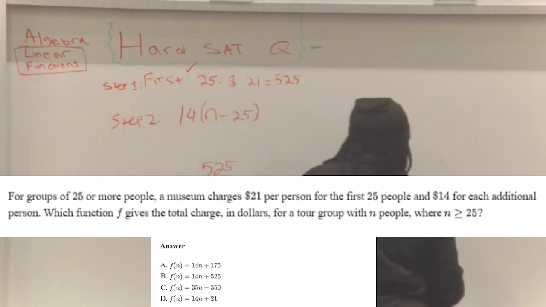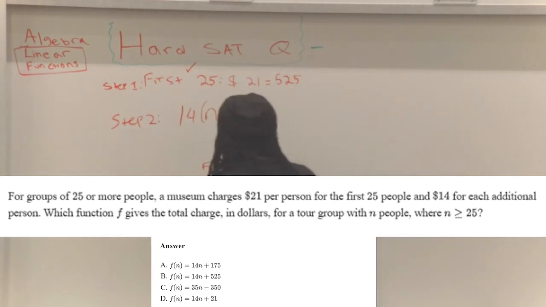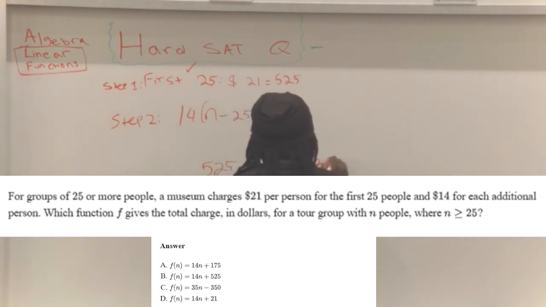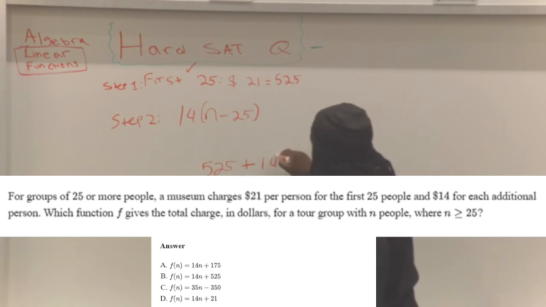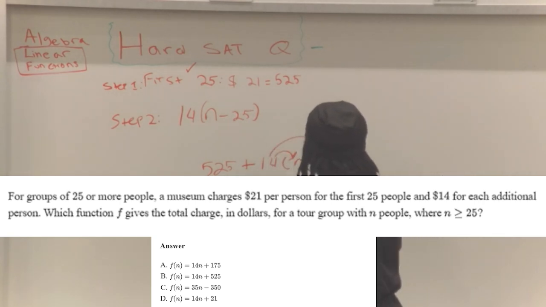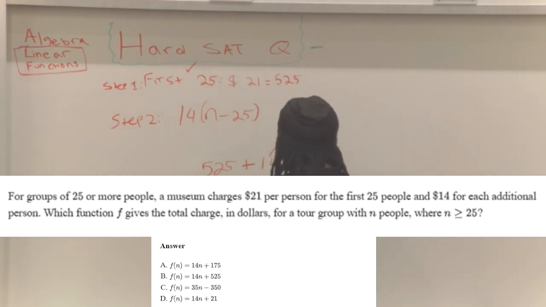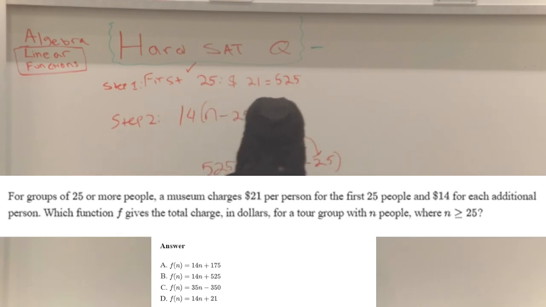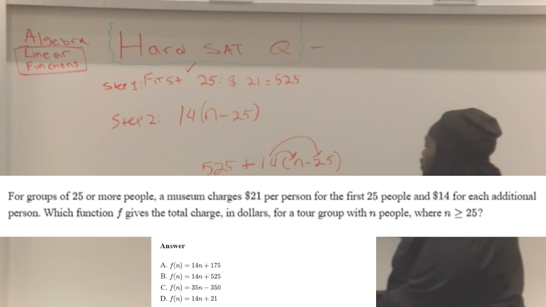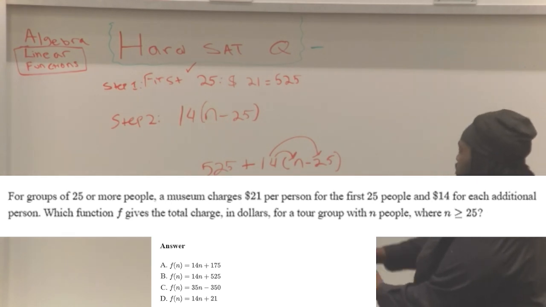So then we're going to have 525 plus our 14 times n minus 25. Here, simple math, don't forget, go ahead and distribute it, right? We have our 25 times 14, 350. So 525 plus 14n minus 350, don't forget the negative sign. Combine our two like terms, our two actual values without the variable.